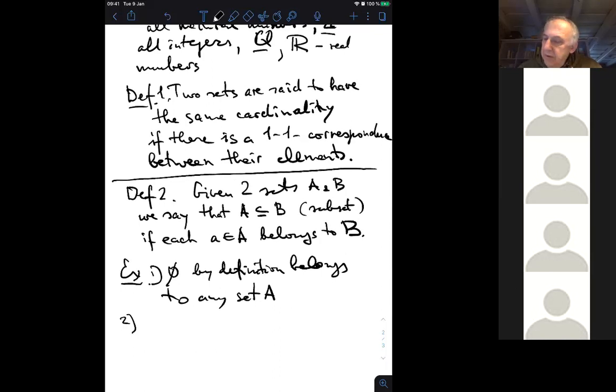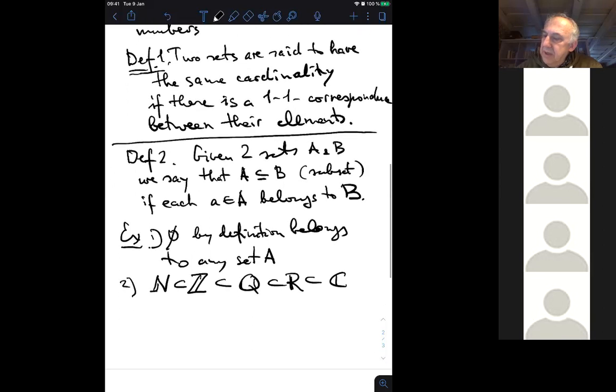For example, natural numbers are contained in all integers, which are contained in all rational numbers, which are contained in all real numbers, which are contained in all complex numbers. So this is a chain of inclusions.